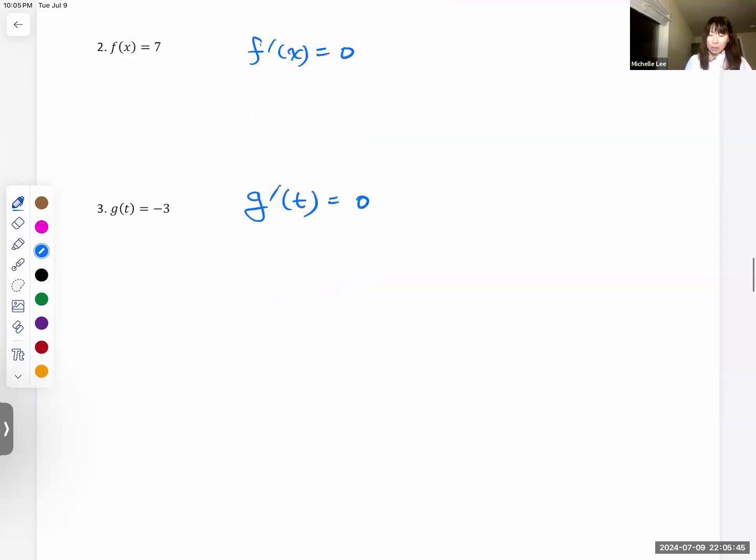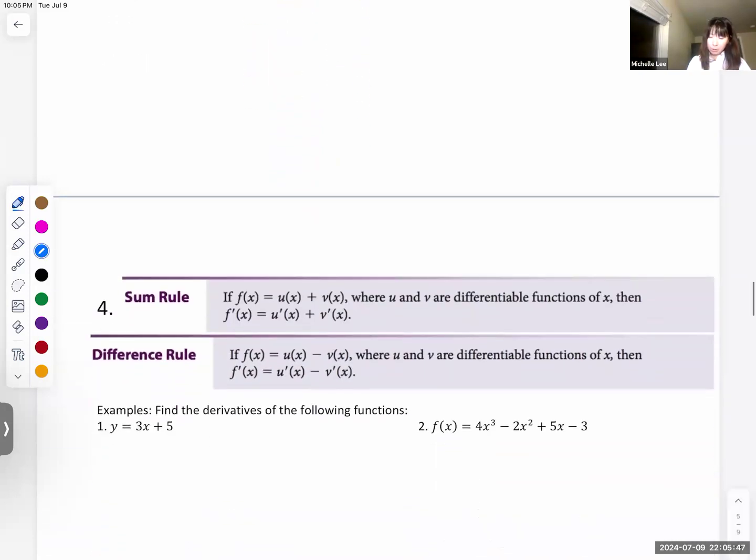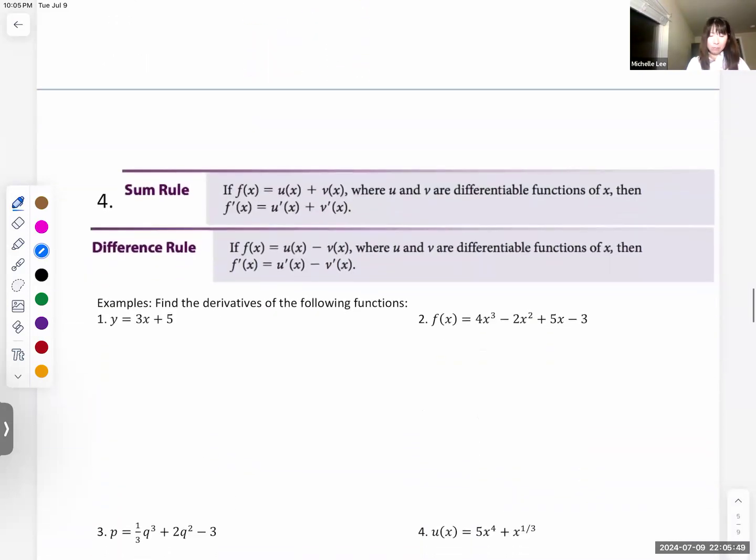Okay, now some rules here. If we have a sum of two polynomial terms, we do the derivative of the first term and the second term respectively, right? Okay, the difference rule is the same. We do the derivative of the first term and the second term respectively.